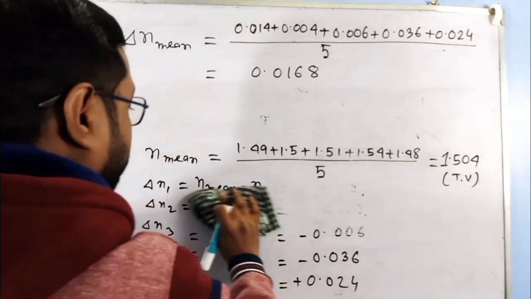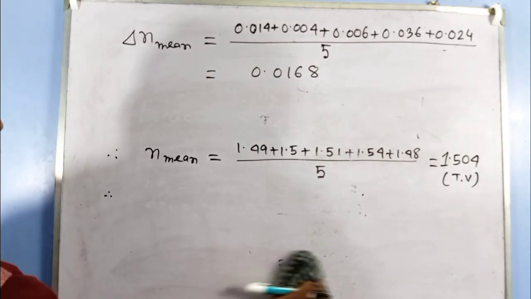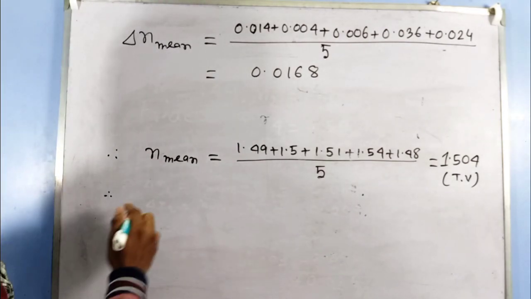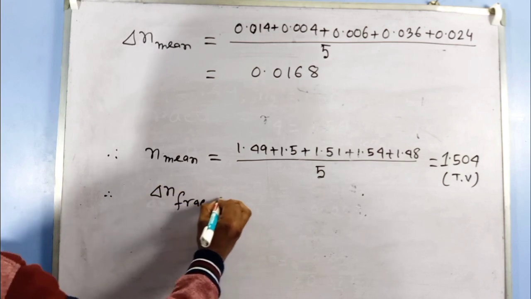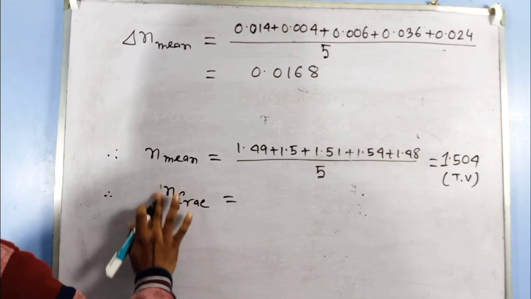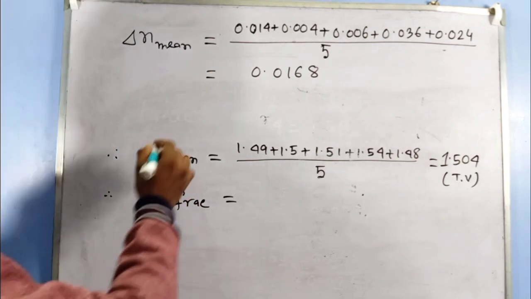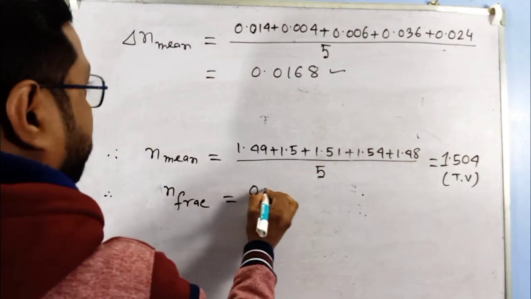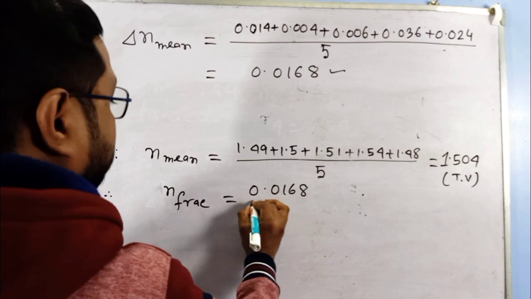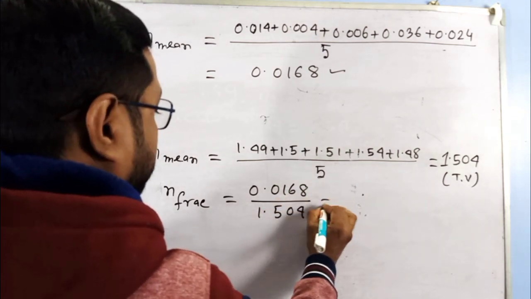Now we have to find the fractional error, which means delta n mean divided by n mean, that is 0.0168 divided by 1.504.